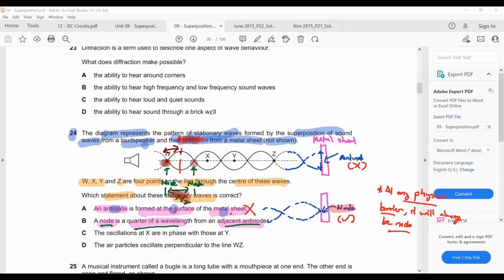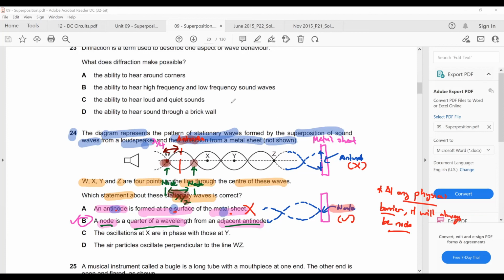So half times half a wavelength gives you a quarter wavelength. So this one is correct. A node is a quarter of a wavelength from an adjacent antinode. So far so good.